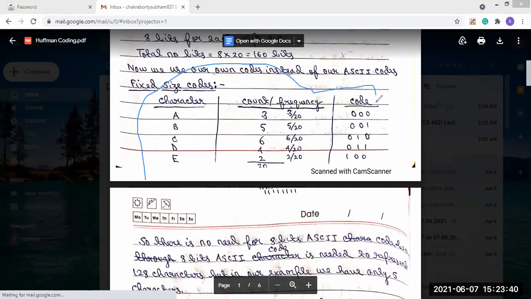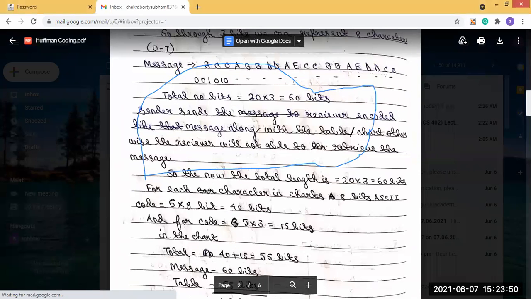If we don't transmit the table, then the receiver will not be able to retrieve the message, because how will the receiver know what was sent? Without the table, the receiver will not be able to decode that message.